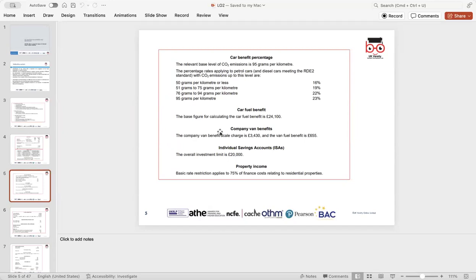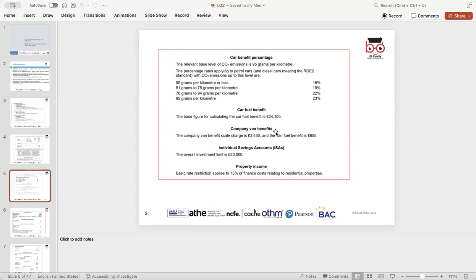For example, if the car emits 50 grams per kilometer or less, the benefit percentage is 16%. If it is between 51 and 75 grams per kilometer, the percentage is 19%, and if it emits between 76 and 94 grams per kilometer, it's 22%. We discussed this in our last lecture as well. Finally, there is 95 grams per kilometer or more.